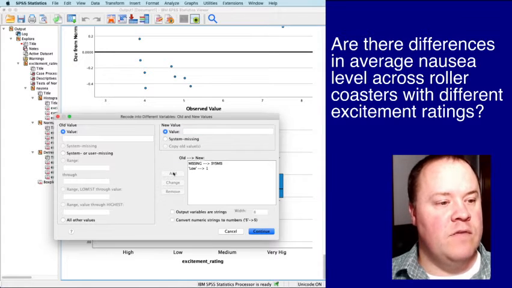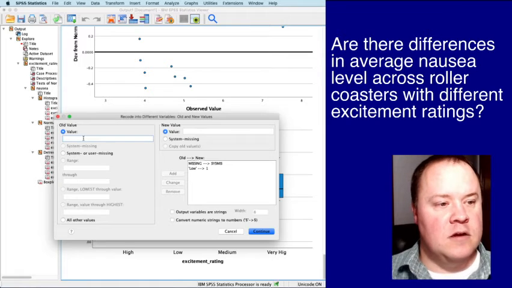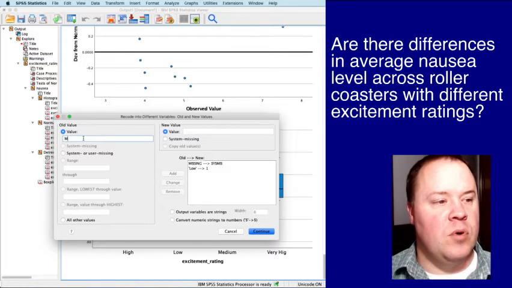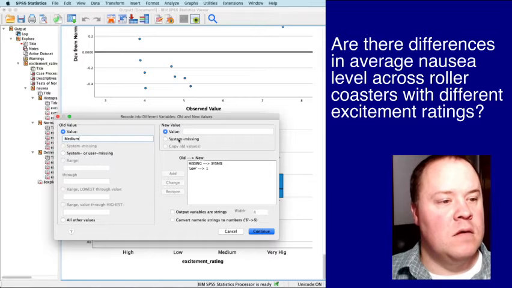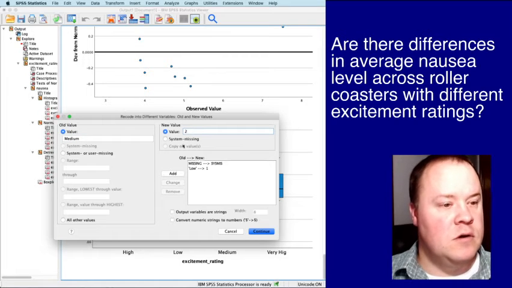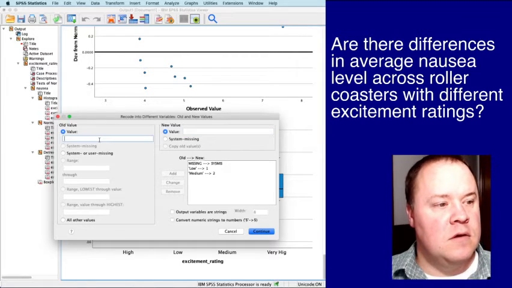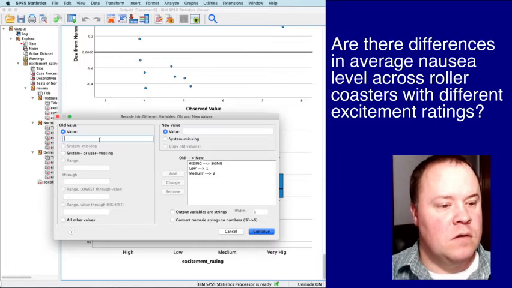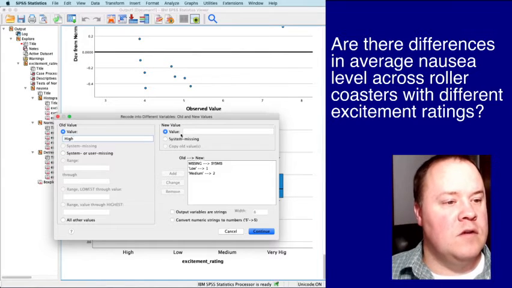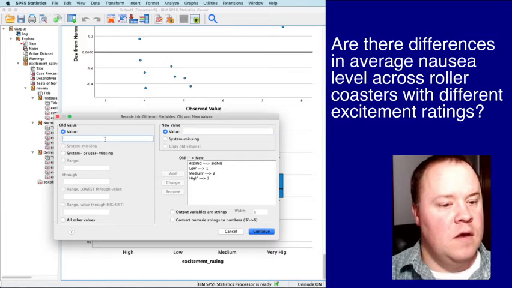So we see after we click add, low arrow 1. That looks correct. Then we can put in medium is going to be a 2 and click add. High is going to be a 3 and then click add. And then very high.